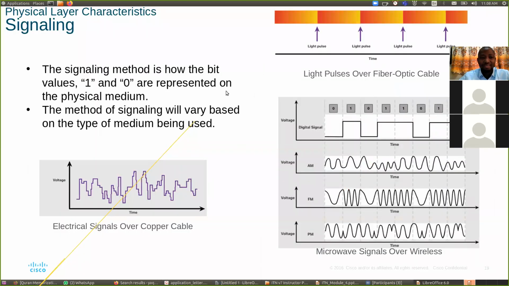So you can see the signaling methods here. There are different kinds of signaling methods when we use optical fiber. These are the microwave signal patterns that you will see, or the electrical signal over copper.